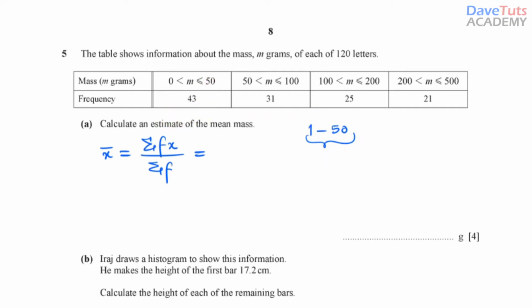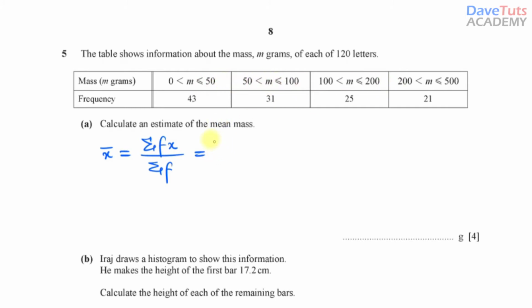So in that particular case, we can just take 25 as the midpoint of this data value. So in the first case, this will be 25. Here it will be 75. In this third case, 100 to 200, that will be 150, and then 200 to 500, that will be 350. So that is something we need to know, that these are not linear. It's not the same width that we are having in each of these data entries.